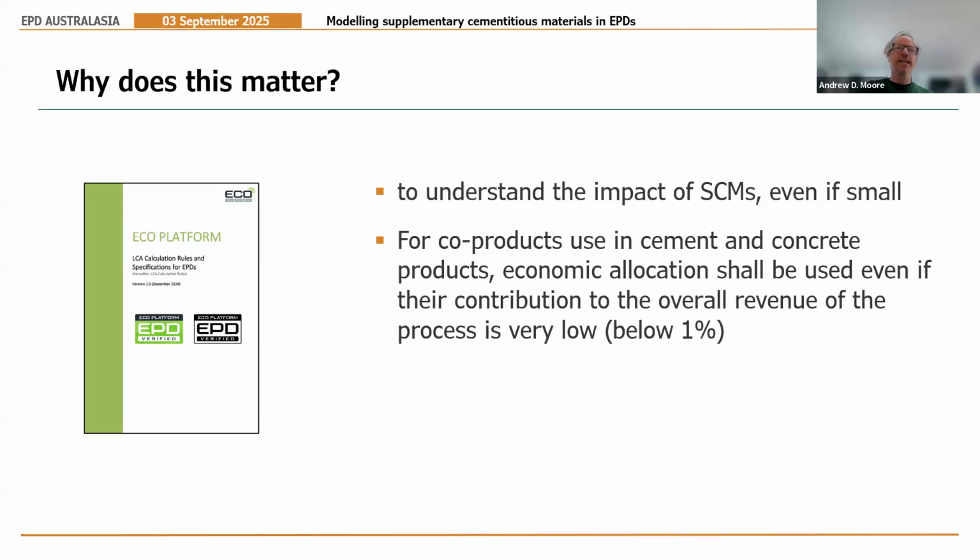They want to understand the impact of SCMs, even if they are small. For many of them, if, say, fly ash is being collected at the power station, it may have very low downstream processing impacts compared to going to the tailings pond, digging it up and processing it. So we want to make sure that the environmental impact of the SCMs is included so that it's as representative as possible.